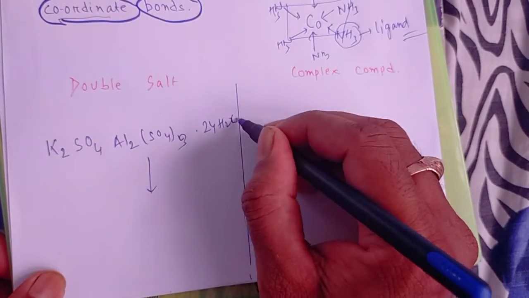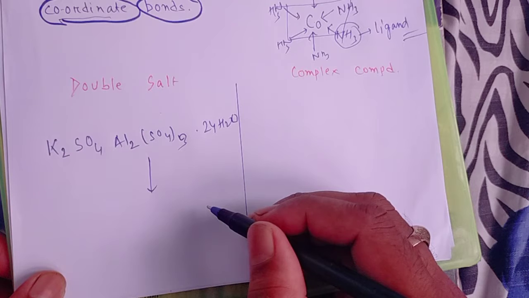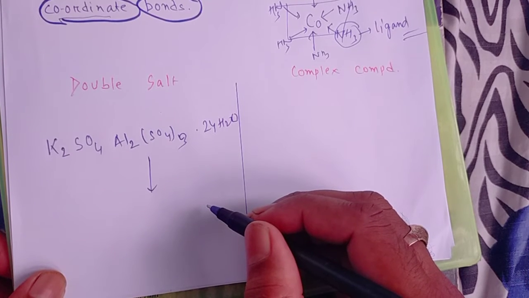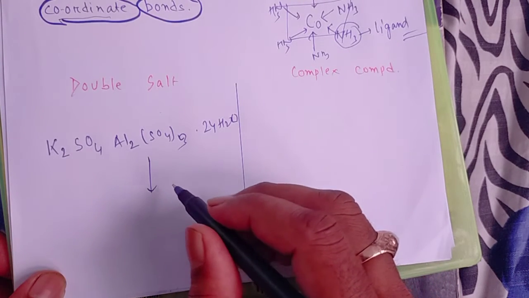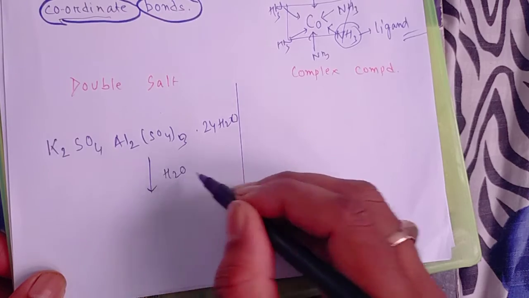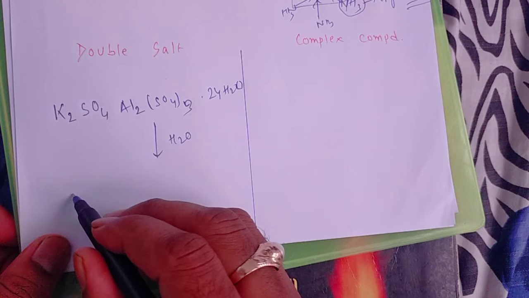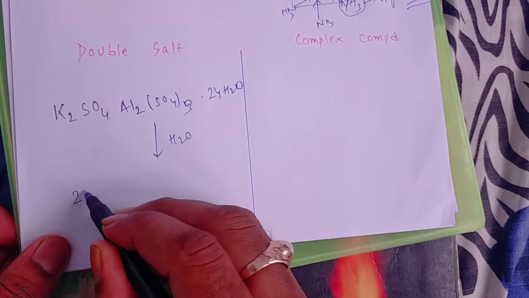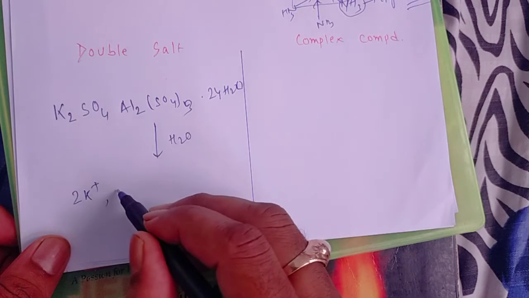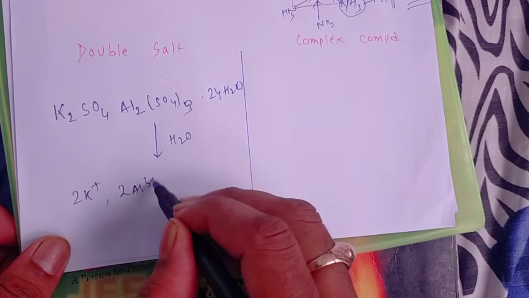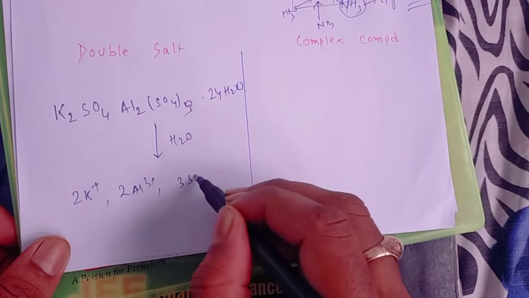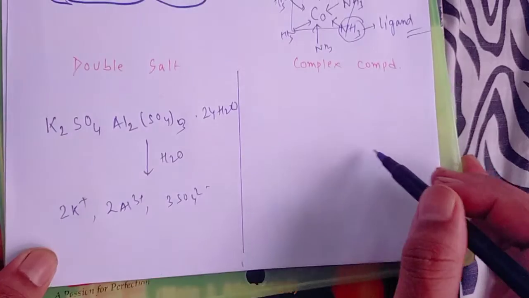This is the alum, or the fitkari, that is used in our day-to-day life. Now if you add that into water, from that we are getting potassium ion, aluminum ion and sulfate ion.